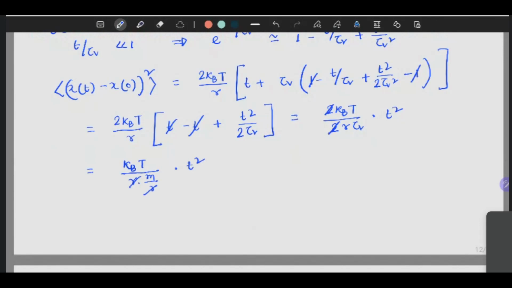So gamma cancels out, and it becomes kBT by m t square.